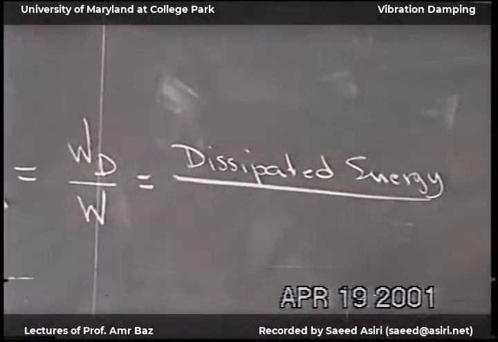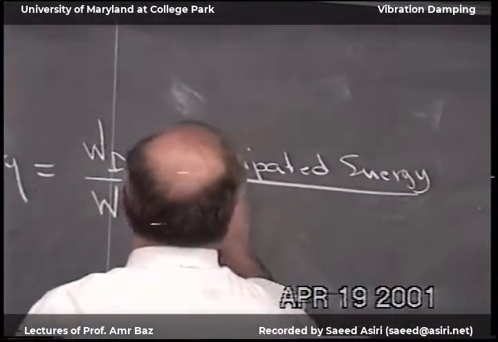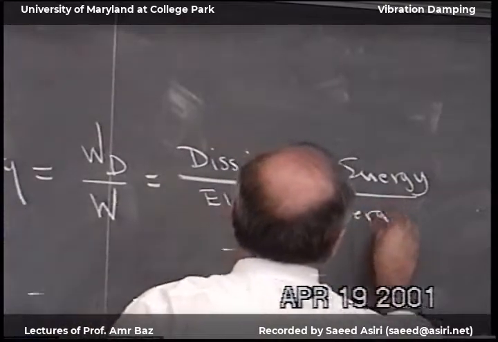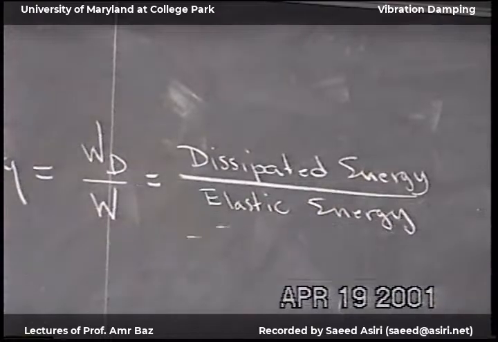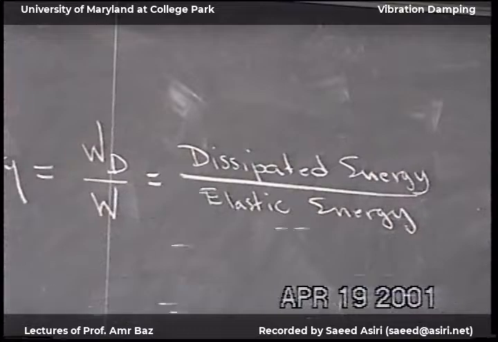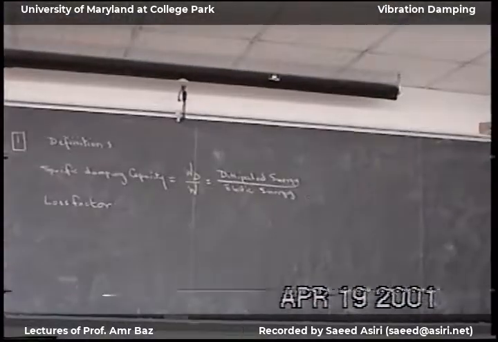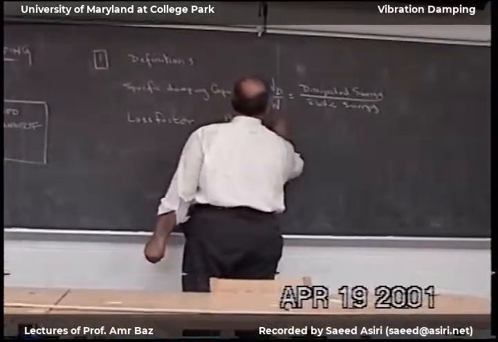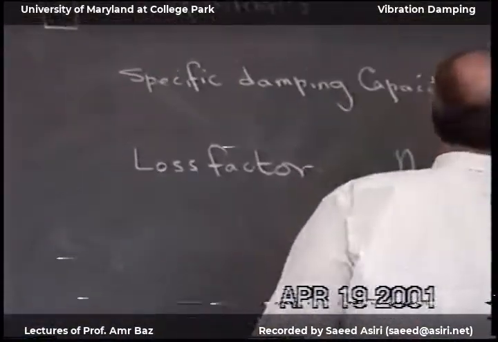For example, in the case of the spring mass system, we showed that this is the elastic energy that we put in the spring, or we store in the spring. Then we found the loss factor is equal to W_D over 2 pi W.